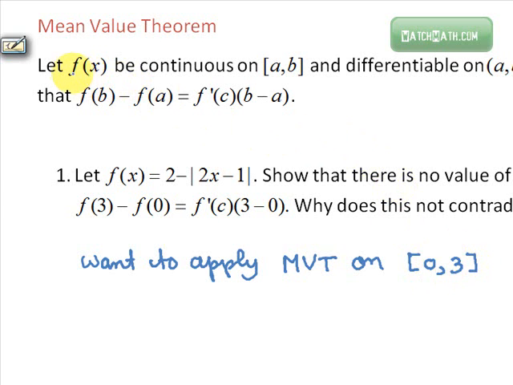Let us look back at the conditions needed to apply the mean value theorem. We need to make sure that our function is continuous on the closed interval. Is this function continuous on the interval 0 to 3? As we know, the absolute value function is continuous everywhere, so that indicates that our f is continuous on this interval.